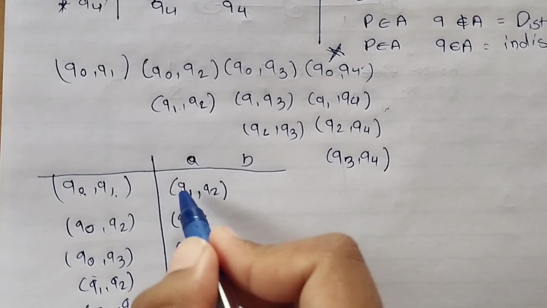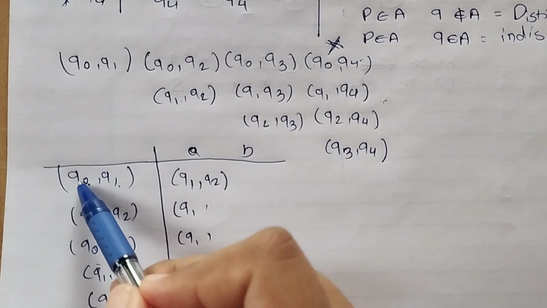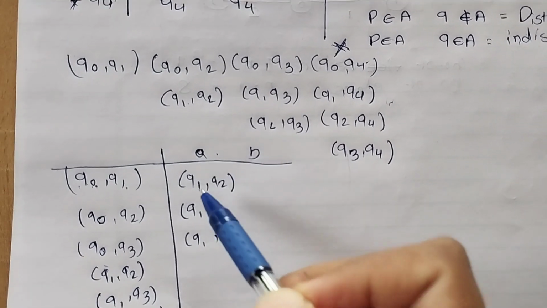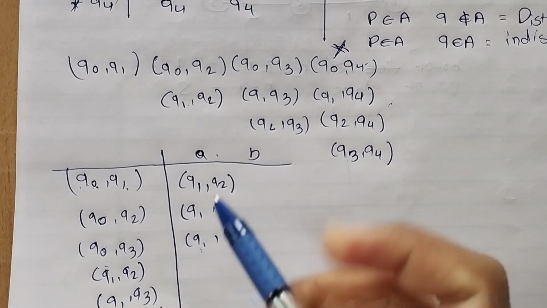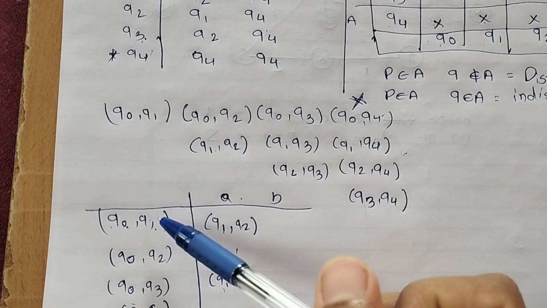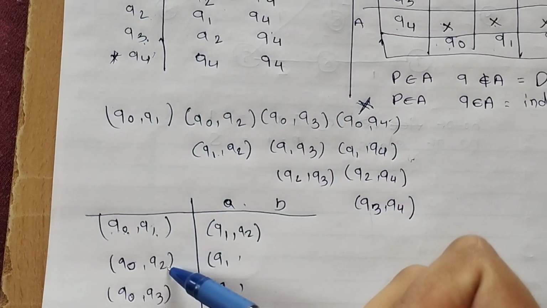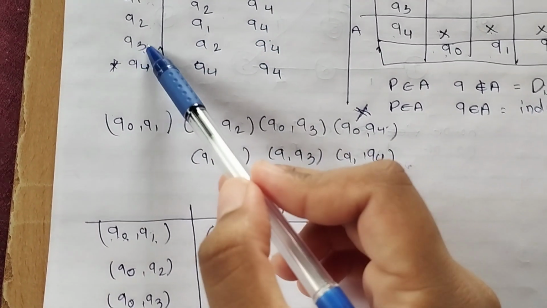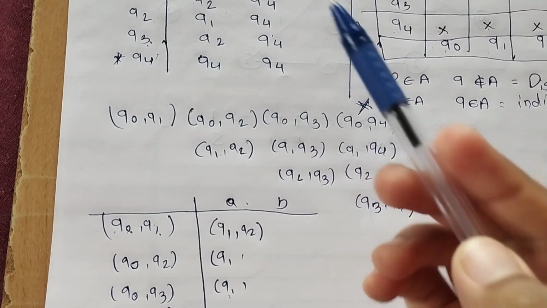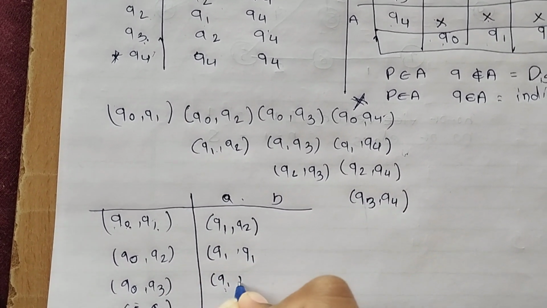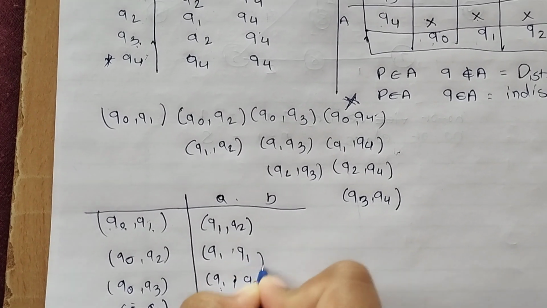The state does not change. Then Q1 reads A in Q2, Q2 reads A in Q1 and Q3 reads A in Q2.